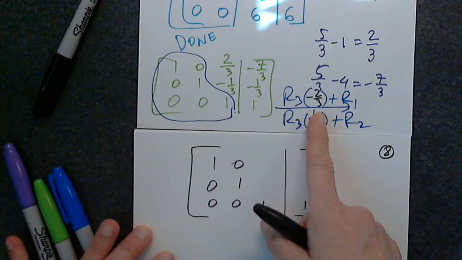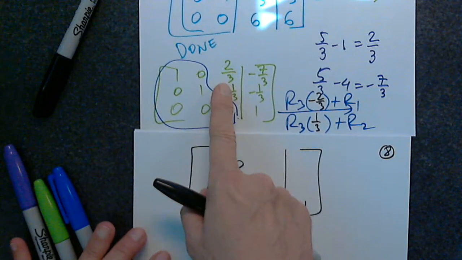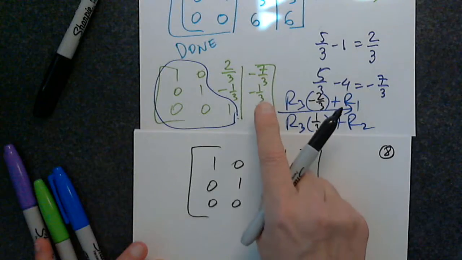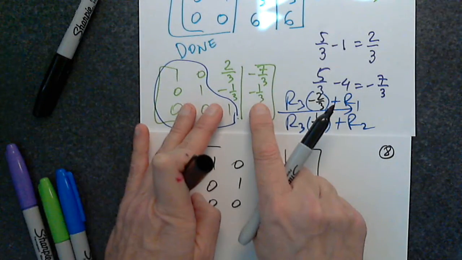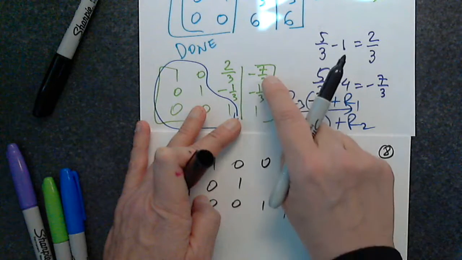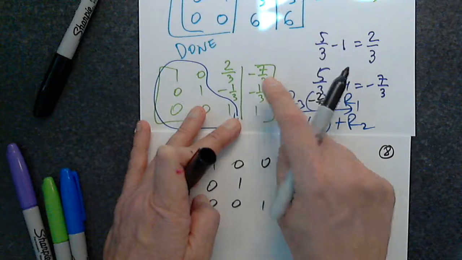1 times negative 2/3 plus 2/3 at the top. What do I get? Excellent. Careful now. 1 times negative 2/3 minus 7/3. So this is negative 2/3 minus 7/3.